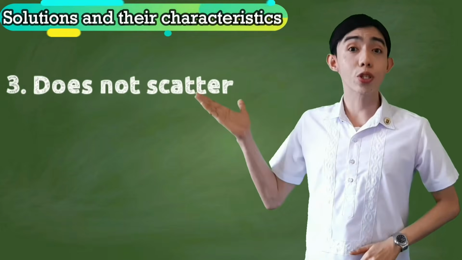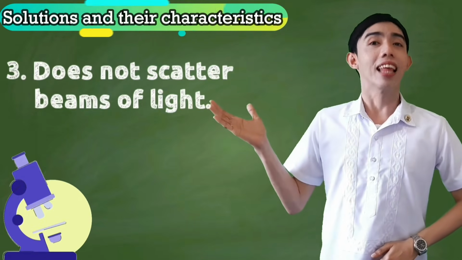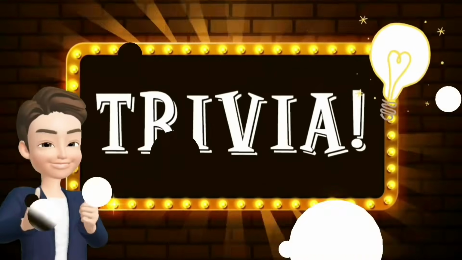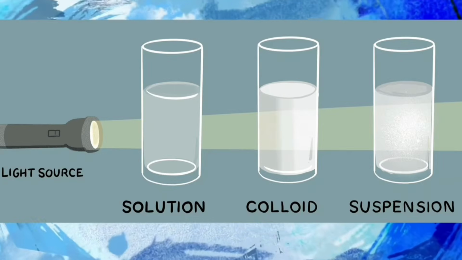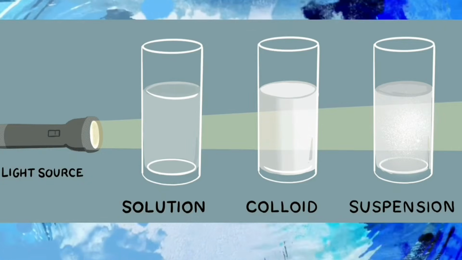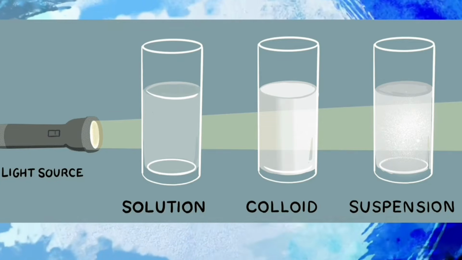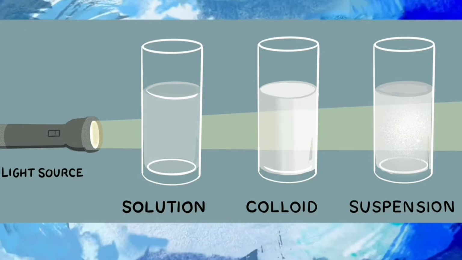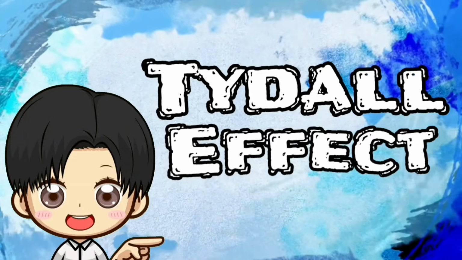Third, beams of light do not scatter when hitting the solution particles. There are other types of mixtures, such as colloids and suspensions, wherein their particles cause light to scatter when hit, and this is called the Tyndall effect.